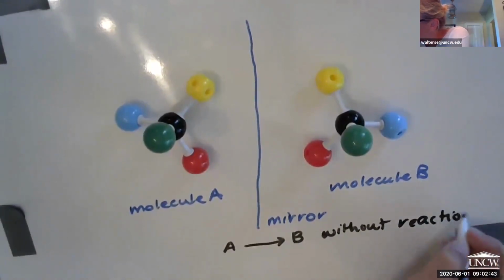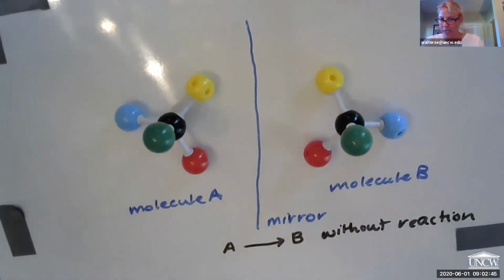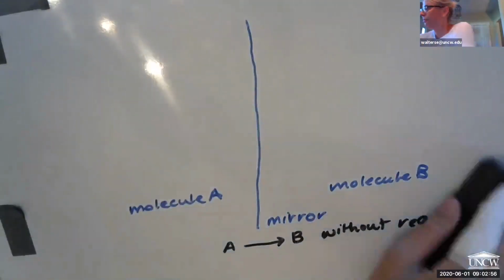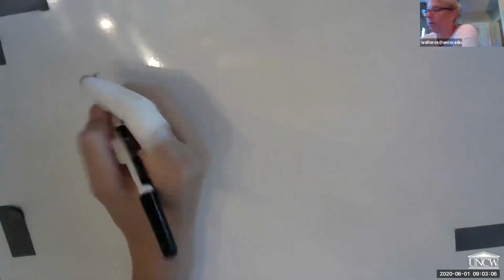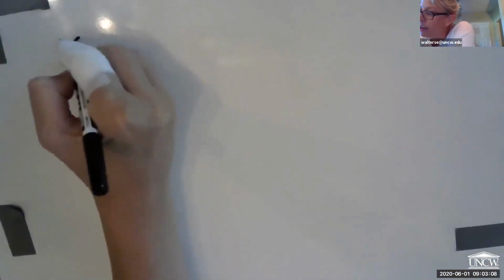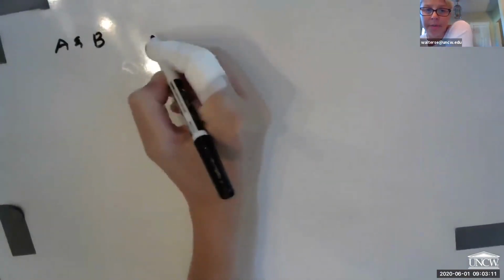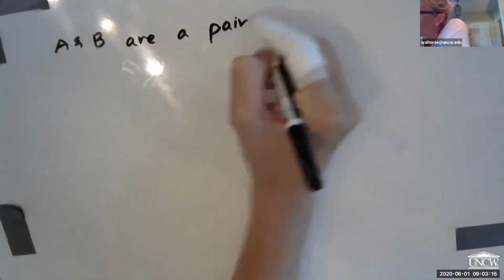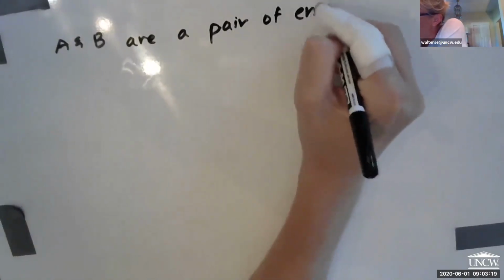If you just have molecules floating in a solvent, A will never overlap with B. So these molecules, A and B, are a pair of enantiomers.